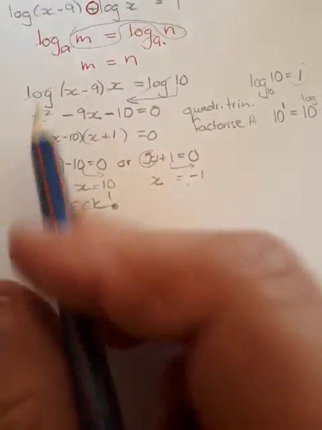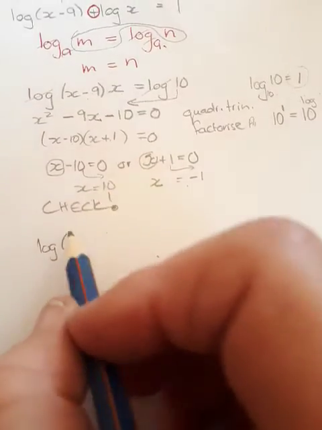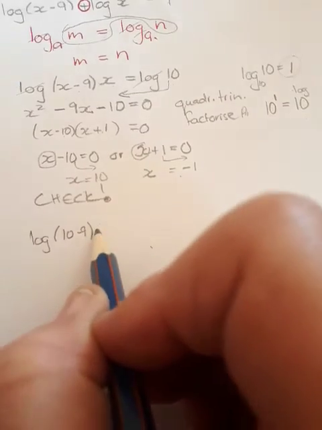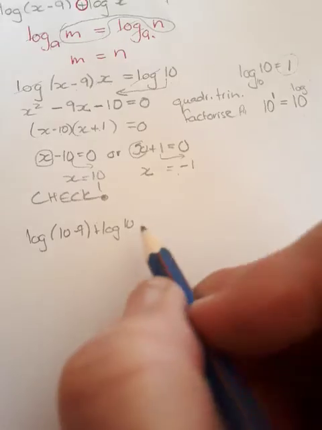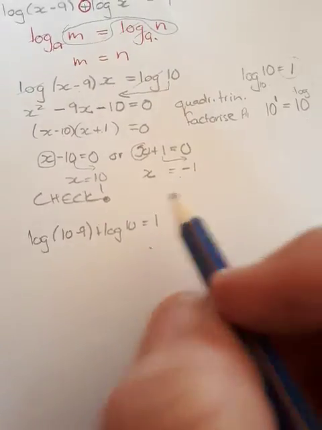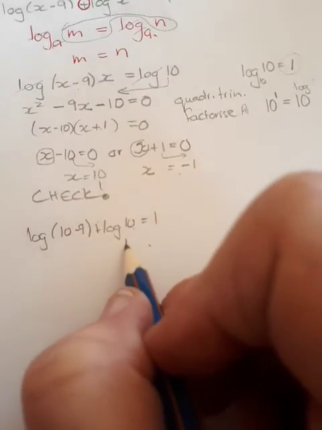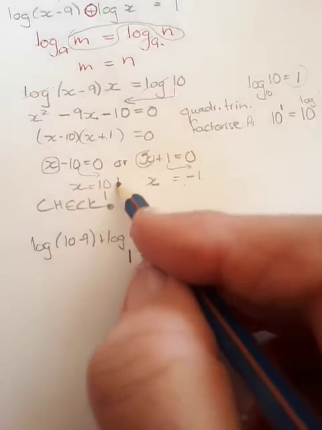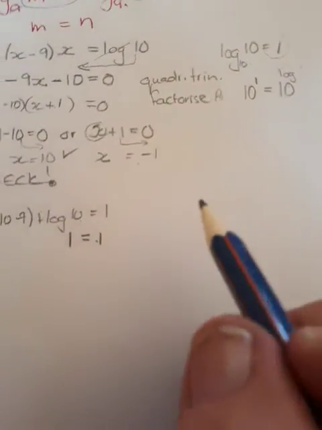So basically, you would have log 10 minus 9, plus log 10 equals 1. And if you put this into your calculator, then the left-hand side will be 1, the right-hand side is 1. So you know that x equals 10 is correct and it is acceptable.